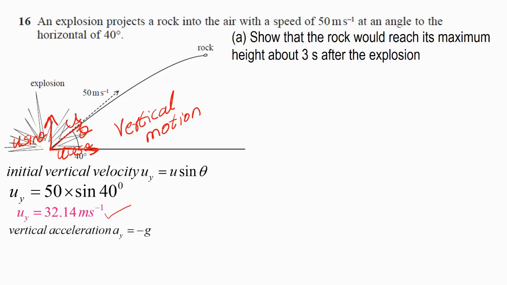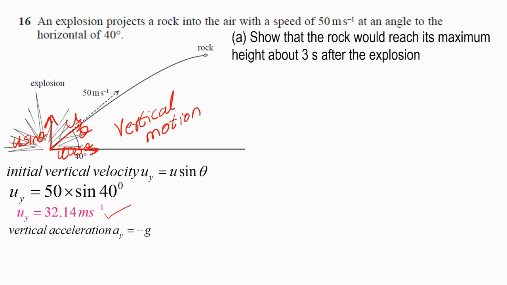Now we can find the vertical acceleration. The rock moves vertically upward, which is opposite to the acceleration due to gravity, opposite to the weight of the rock, opposing the gravitational force of the earth.